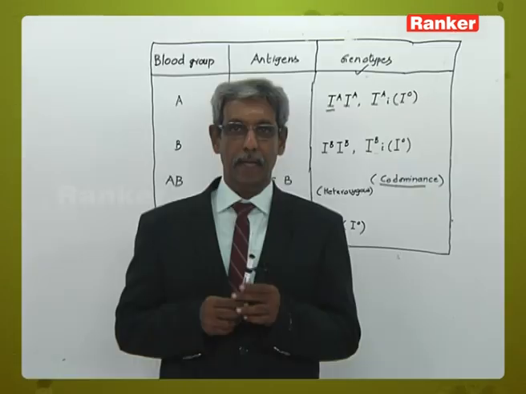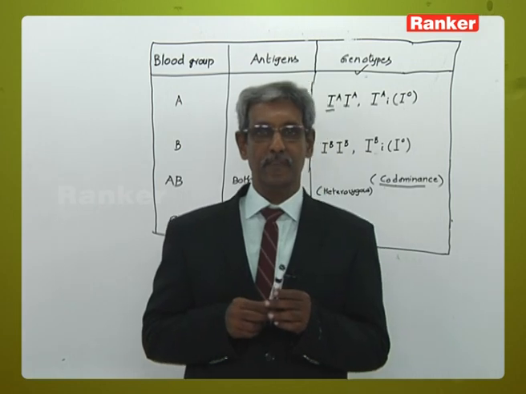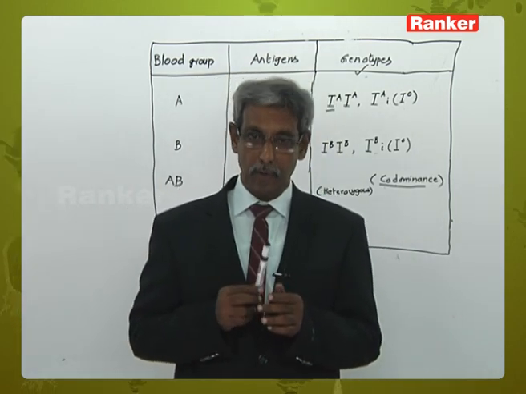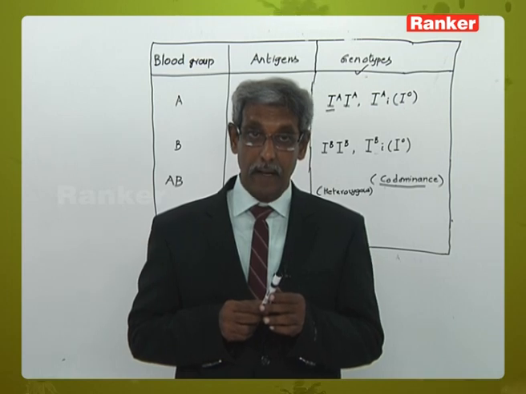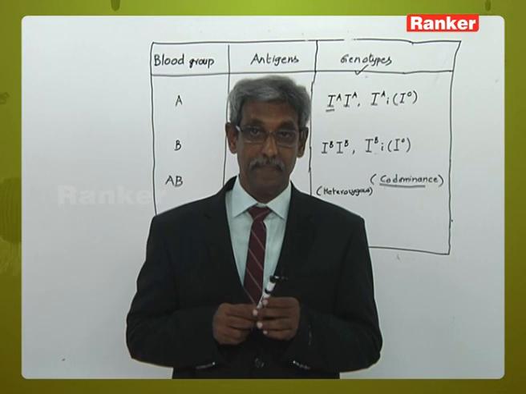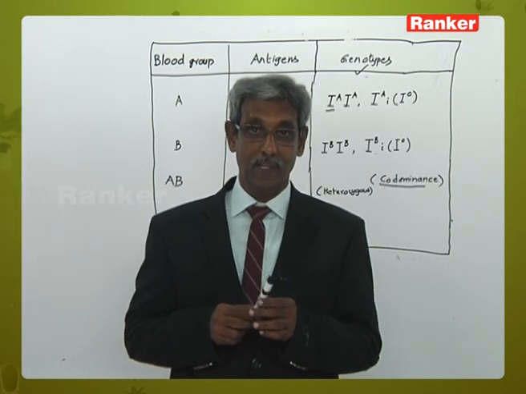The ABO blood group of humans is an example of dominance, incomplete dominance, codominance, or multiple alleles?